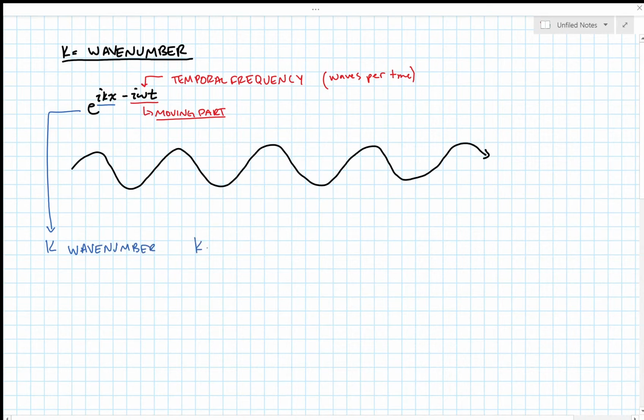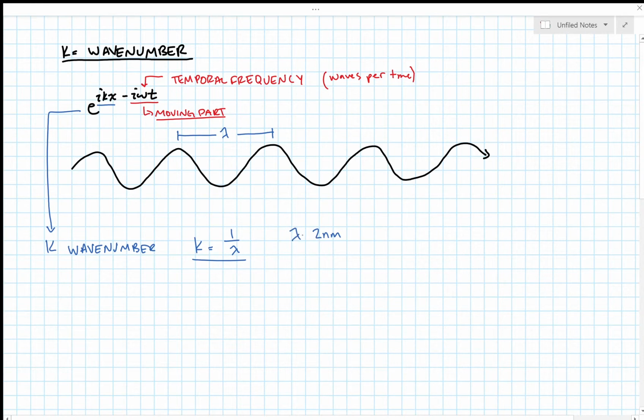And K is actually specifically 1 over the wavelength. And the wavelength is, of course, like this distance here. This is the wavelength. It's the length per wave, right? So like a wavelength would be like 2 nanometers, right?